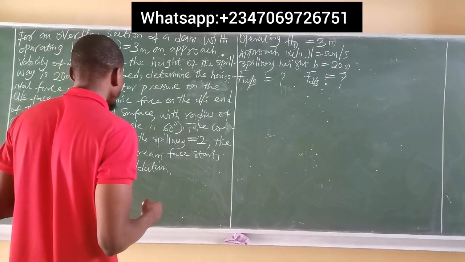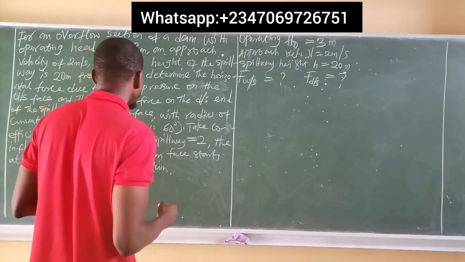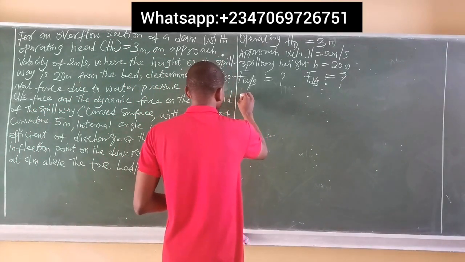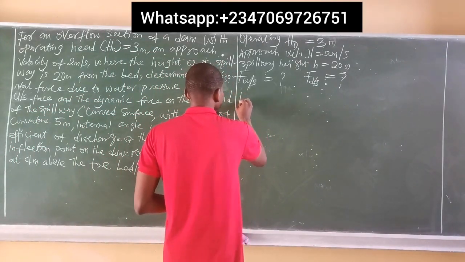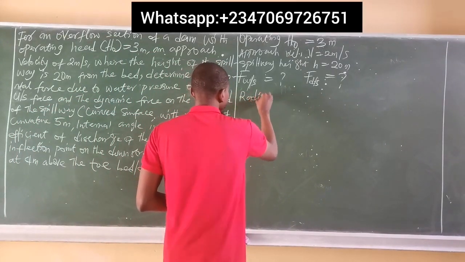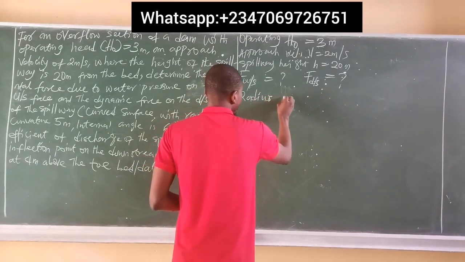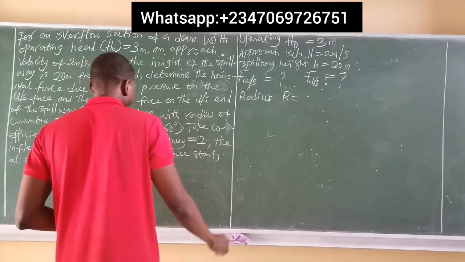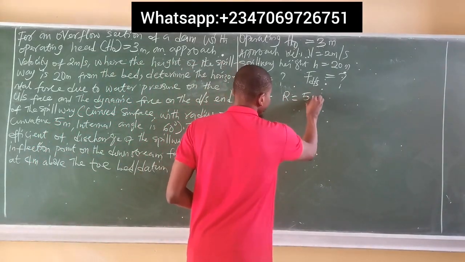Now we're given the dimension of the spillway. The spillway has a curved surface with radius of curvature, or simply radius r, equal to 5 meters.